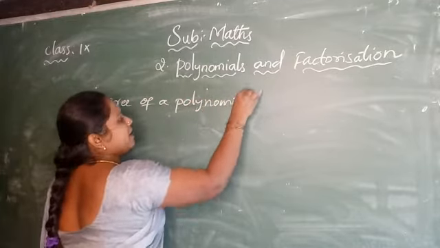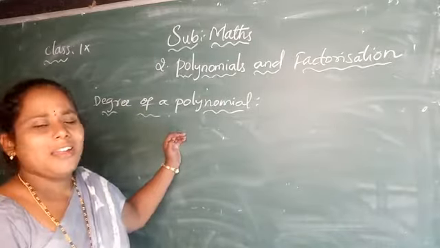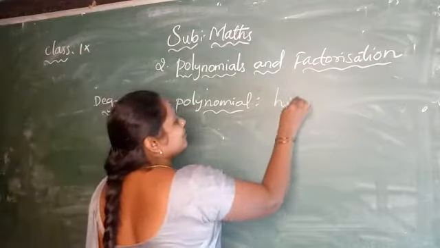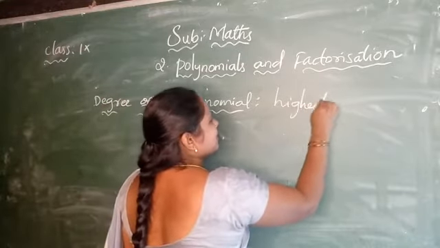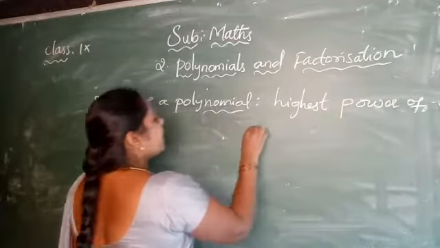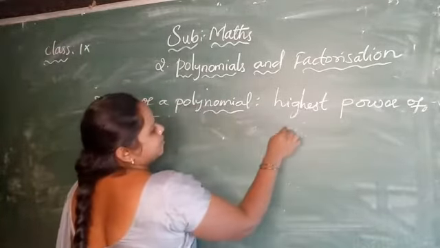The degree of a polynomial is nothing but the highest power of an algebraic expression, or the highest power of a variable.